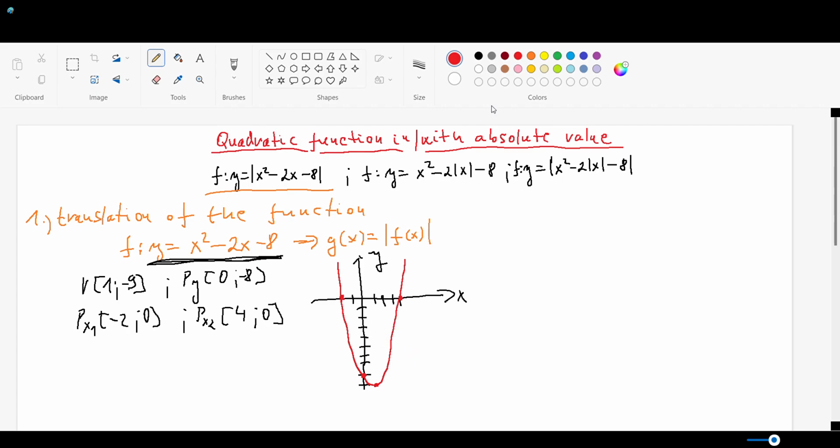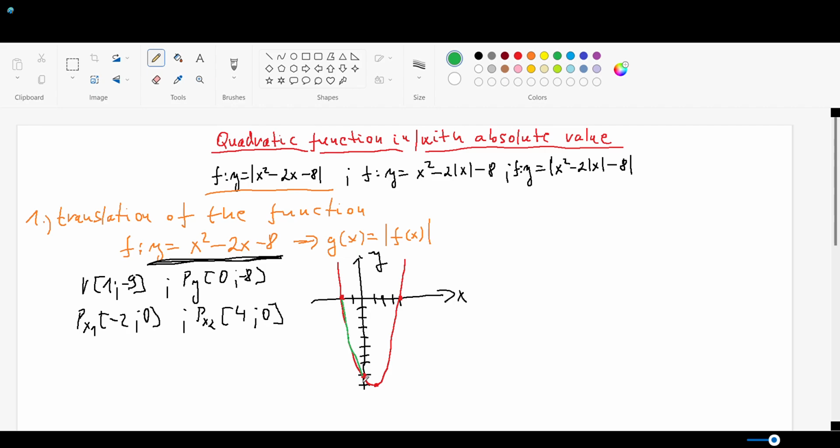And based on this information and using the translation of the function, now we put this red line into the absolute value, and you should already know what this transformation does with our function.